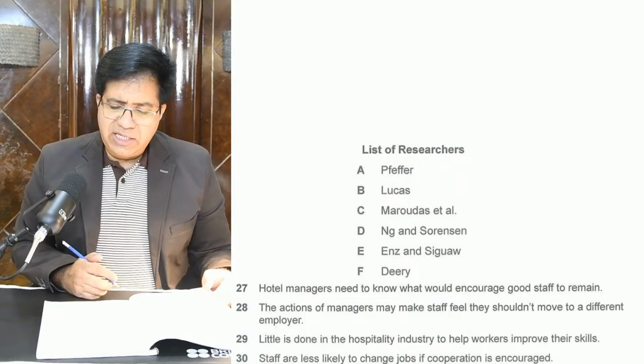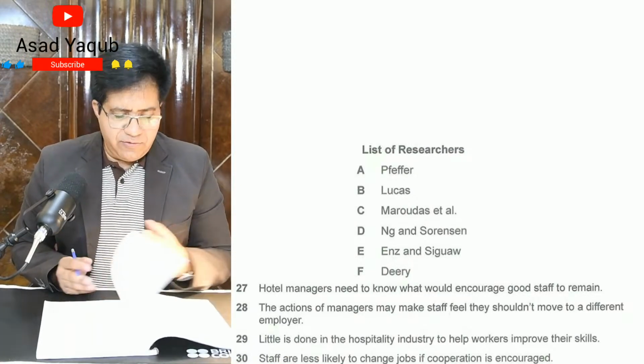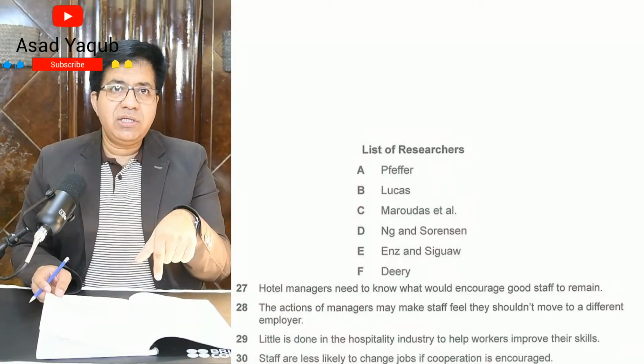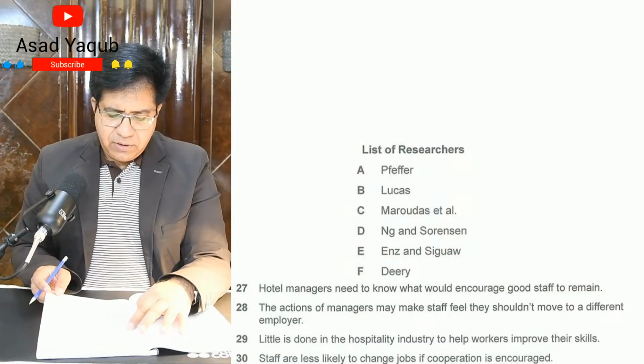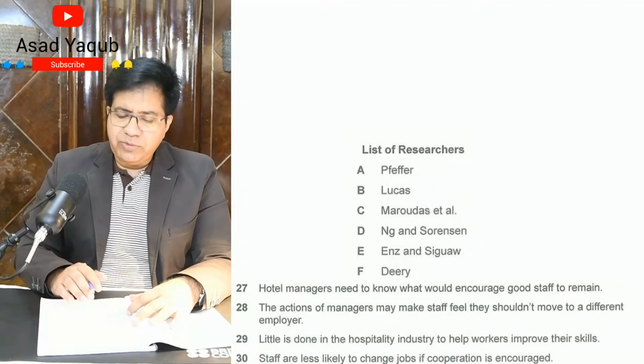After Marudas et al., what do we have next? NG and Sorensen. Where is NG and Sorensen? Title page, 4th paragraph? 5th paragraph. NG and Sorensen. Okay. Now please come to that.